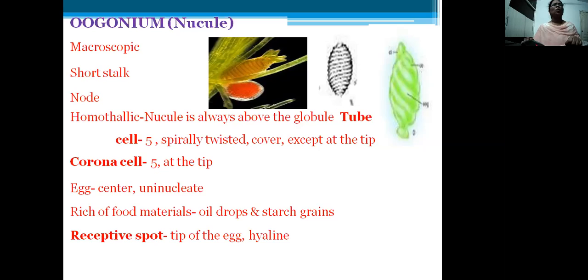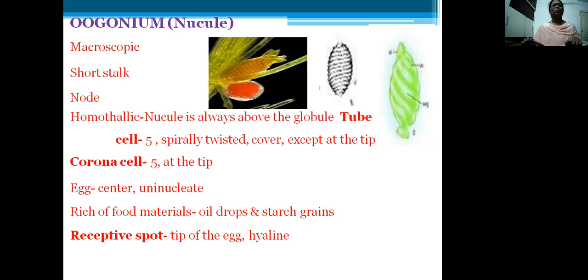So in homothallic species, the nucule is always above the globule. There are tube cells which form a spirally twisted cover except at the tip. These tube cells end with the corona cells at the tip.